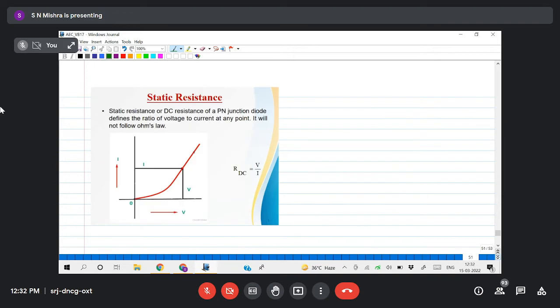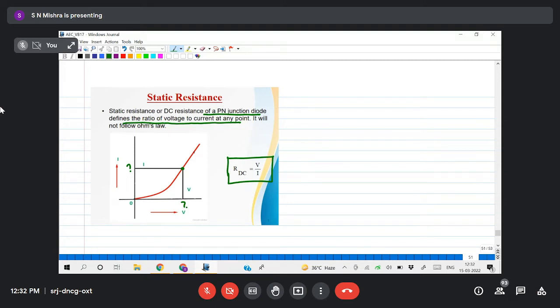Static resistance, or DC resistance, of a PN junction diode is defined as the ratio of voltage to current at any point. So if this is my point where I want to find the resistance across the diode, then I see how much voltage I have applied and how much current I observe, and simply take the ratio, and I will find the DC resistance.